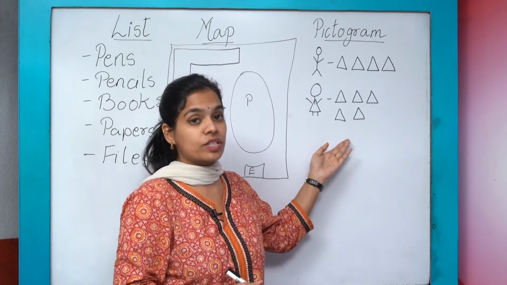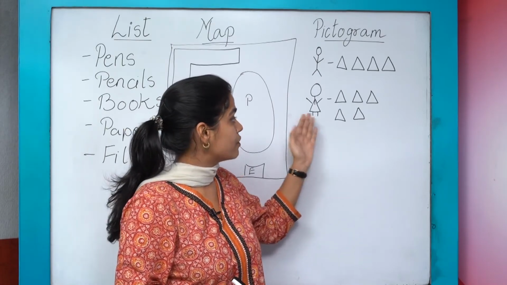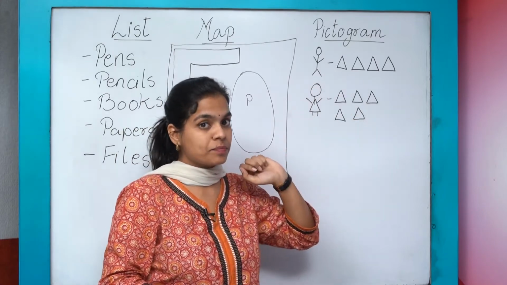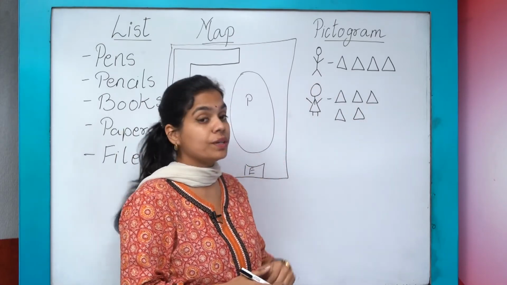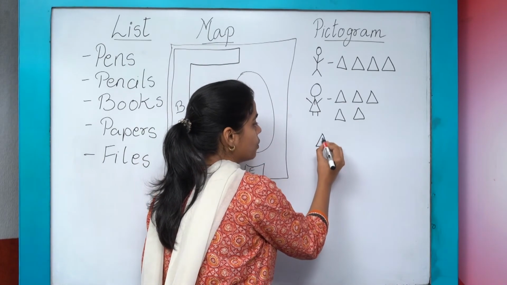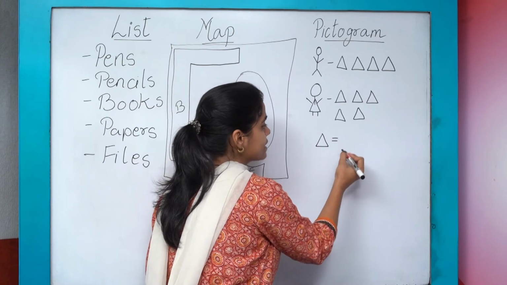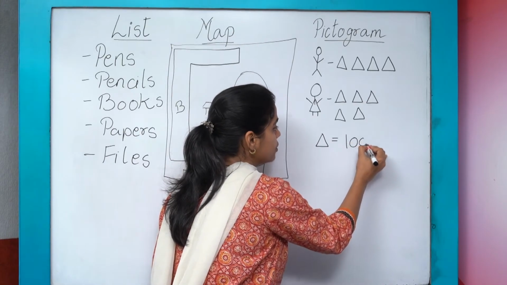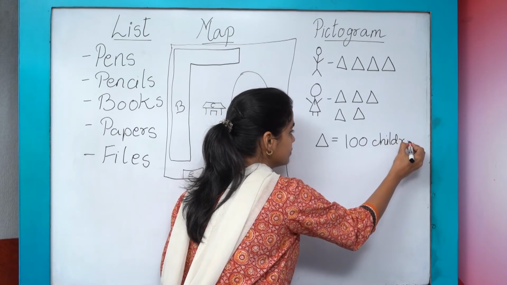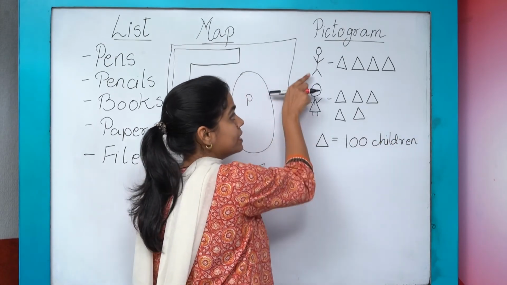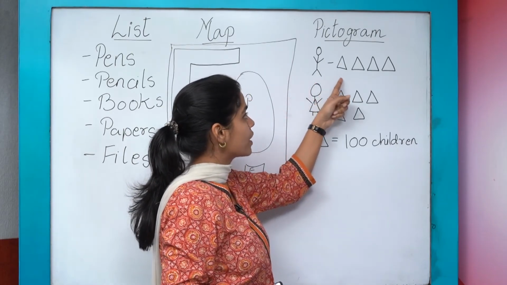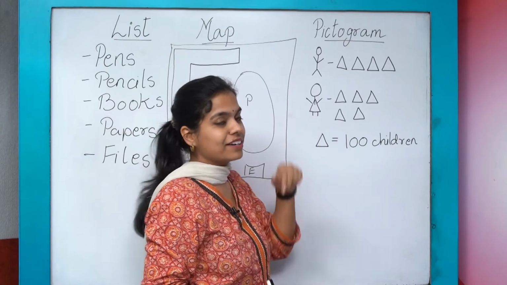This shows us that there were 500 girls and there were 400 boys. But I also need to write what one triangle stands for? One triangle stands for 100 children. And the symbols help us understand easily that there are 400 boys and 500 girls.